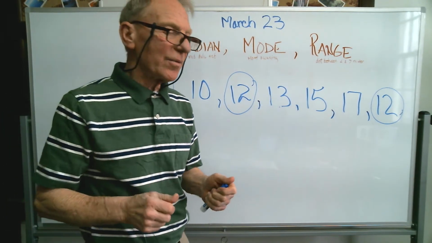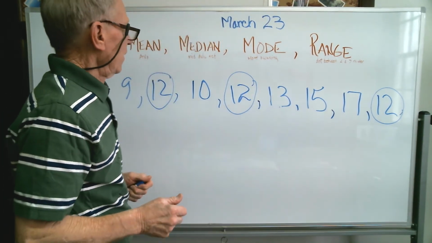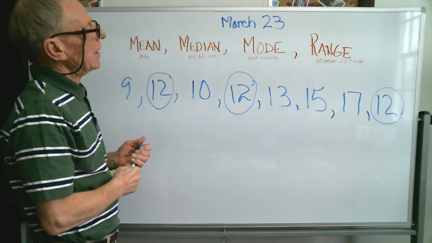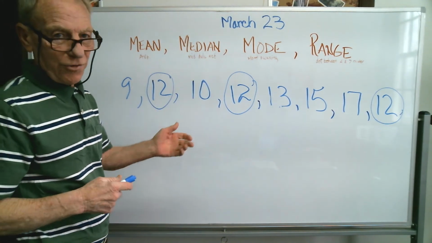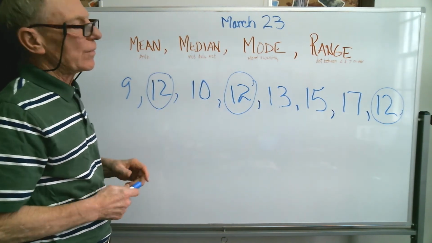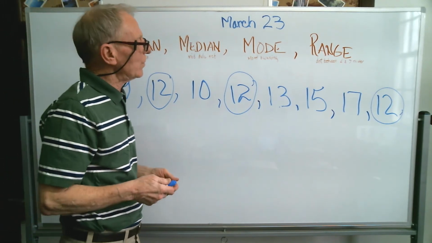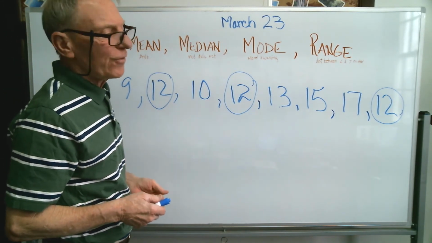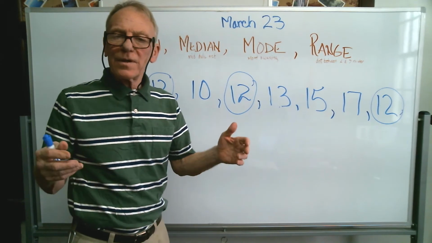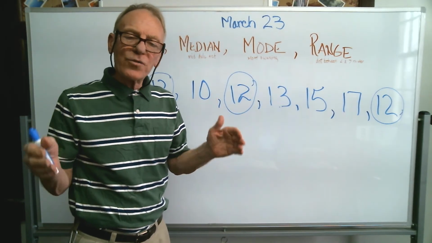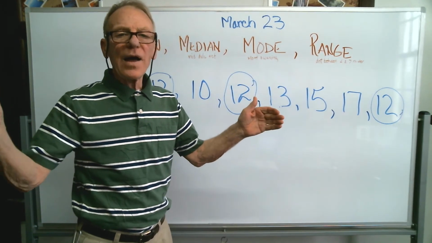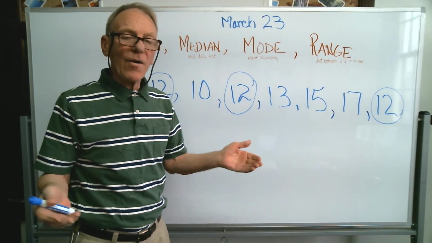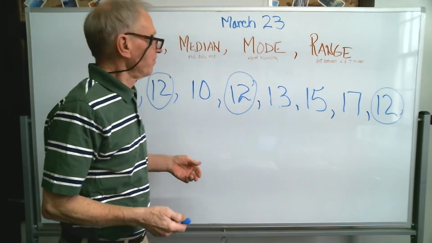Finally, the last term that I want to make sure that you're completely firm on is the term range. I know there was some question. We were just touching on that before school was shut down. Range is what is between the lowest and the highest number. Now, how do you state that?